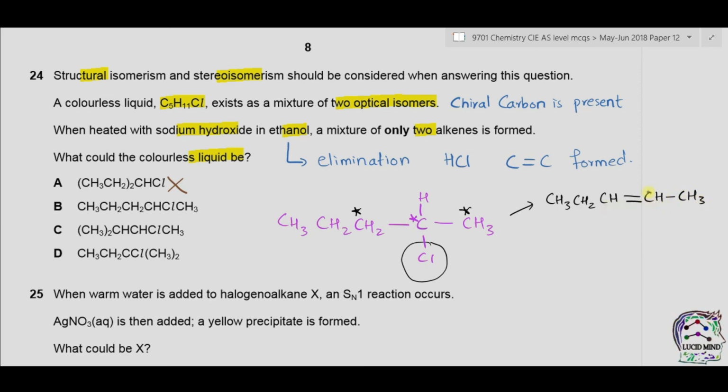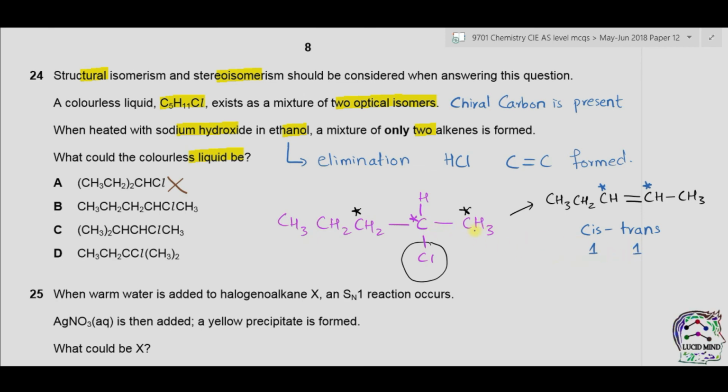So this product is formed. In this product, both carbon atoms making the double bond have two different groups attached. One is hydrogen, one is CH3, CH2. On the second side we have one hydrogen and one CH3. So therefore this will show cis-trans isomerism. So one product is cis, one product is trans.